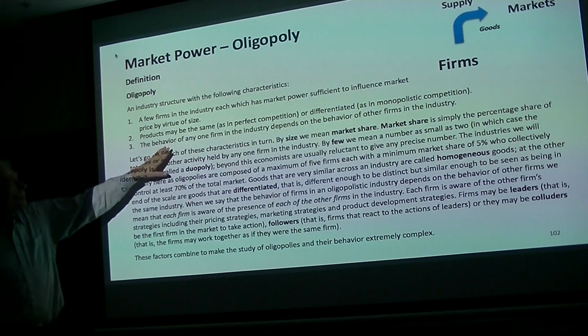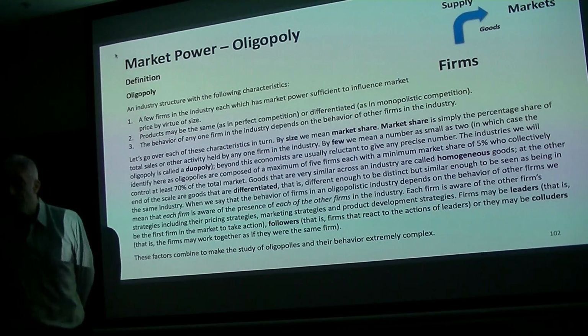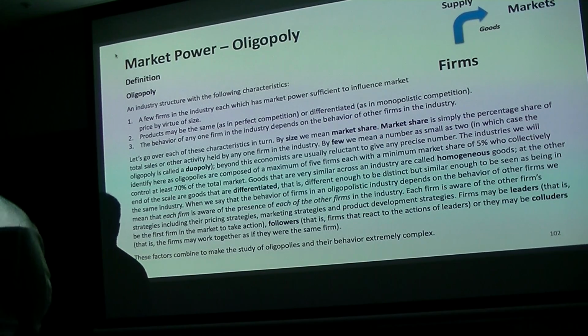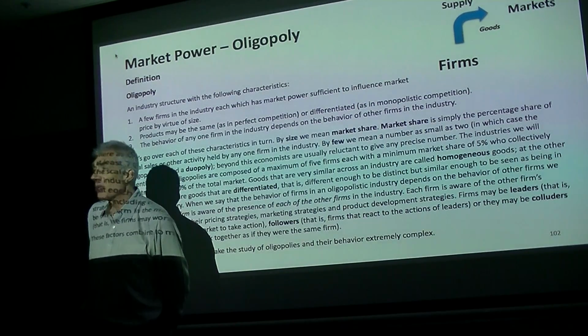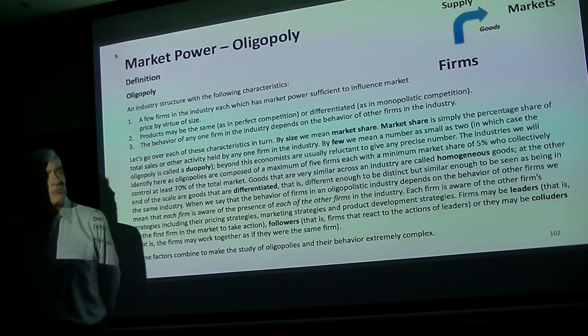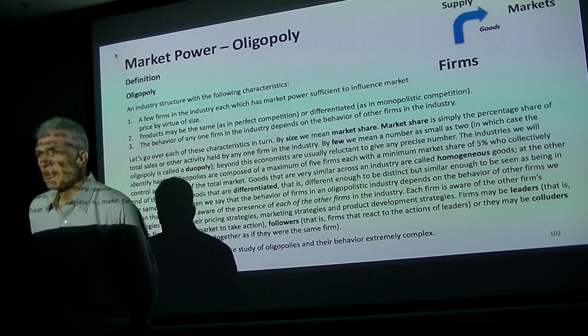A very important point is that the behavior of any one firm in the industry depends upon the behavior of the other firms in the industry. One of the things that I wanted to introduce when I talked about natural monopolies is strategic behavior. When we're talking about firms with market power, we're very interested in strategic behavior.